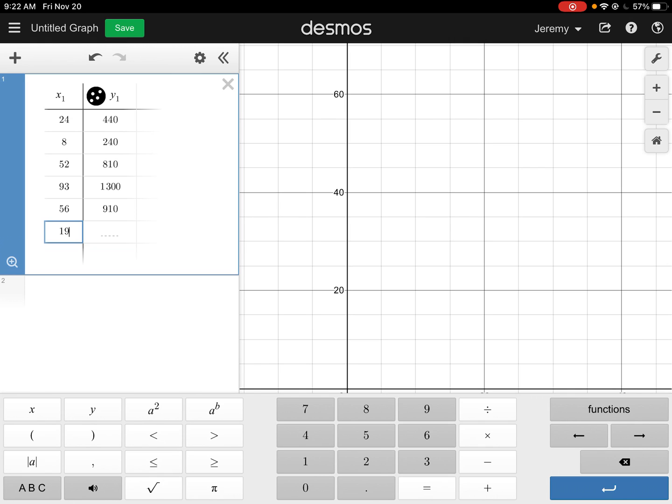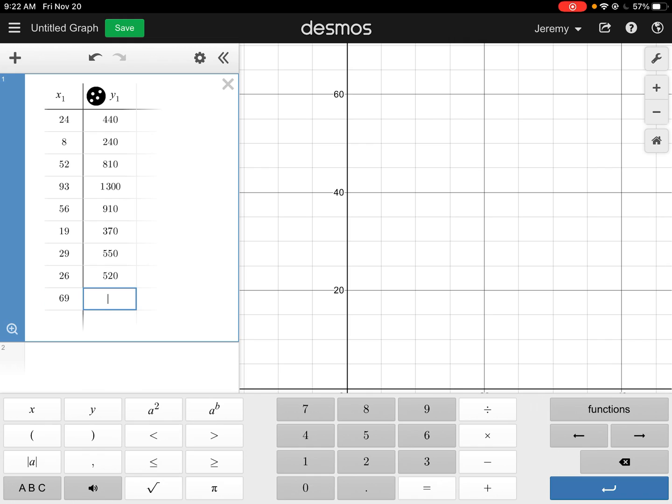We have 19 and 370. 29 and 550. 26 and 520, 69 and 1120, and finally 31 and 580.